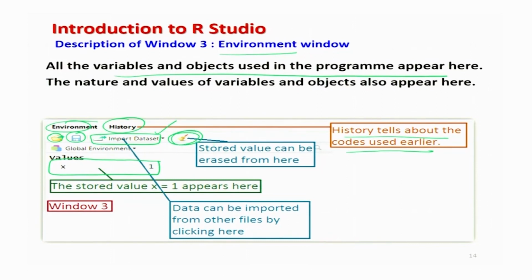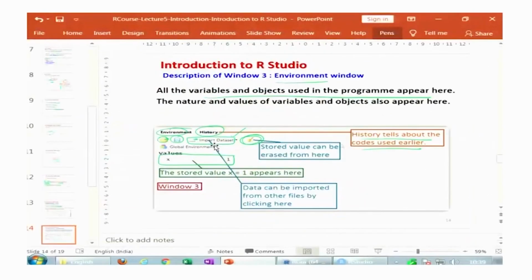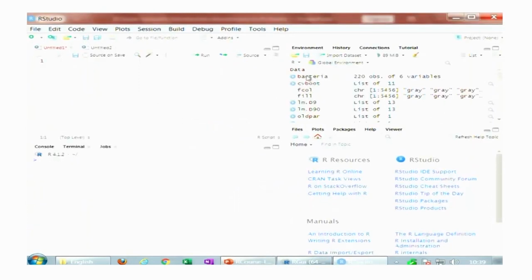But I request you to please take some values and try to execute these operations so that you are more comfortable with these things. Before I go further, I would like to show you this here also. You can see I have just opened the data set bacteria.